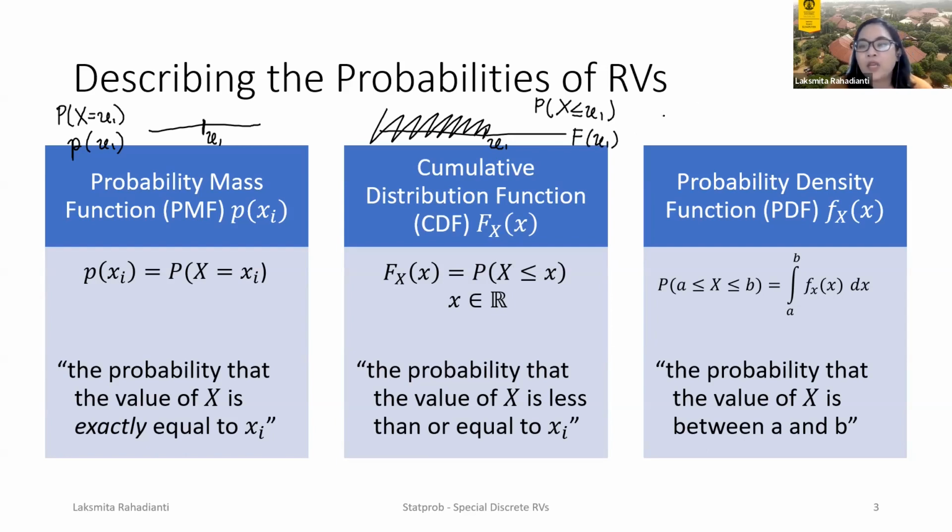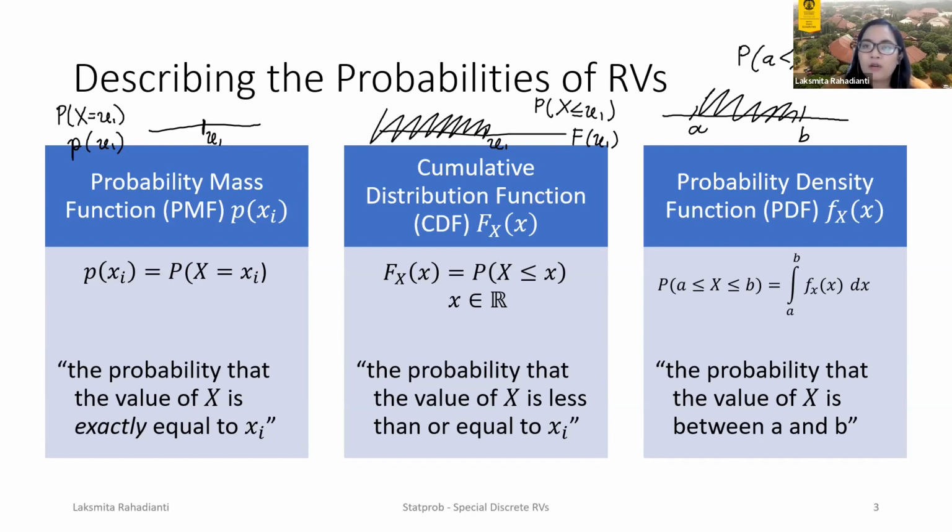And lastly, we can also consider a continuous one. Oops, my Zoom window is in the way. Give me a sec. The last one is the probability between two values, which can be written as the probability of my random variable being between a and b, which is the integral over a to b of a certain function.